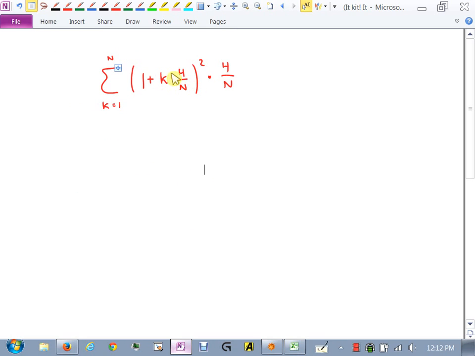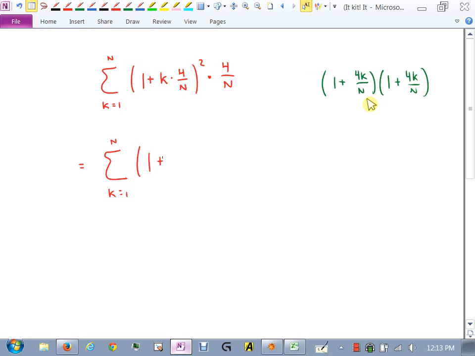Let's square this. Okay, let's square it. Let's actually do this over here. 1 plus, I'll write it this way, 4k over n squared. That's the same thing, right? Let's square that. So you multiply times itself. So what would you get here? I'm going to rewrite it in this sum. It'll be 1 plus, that's 1 times 1, then you have 4k over n, then you have another 4k over n.